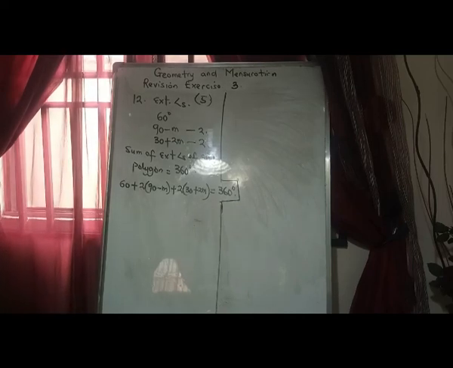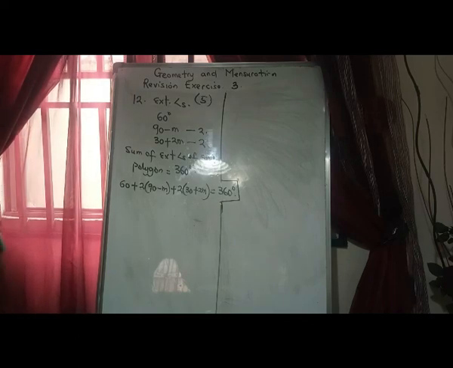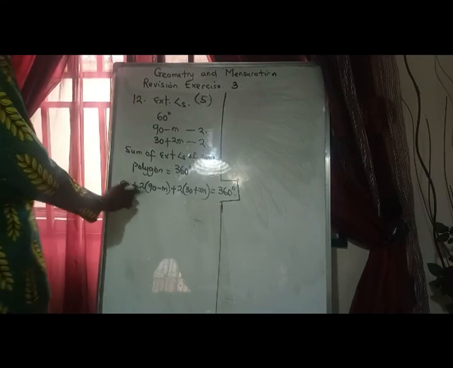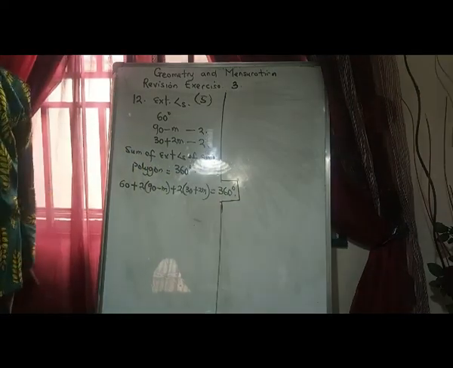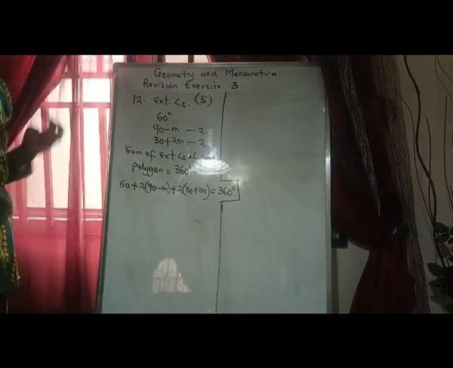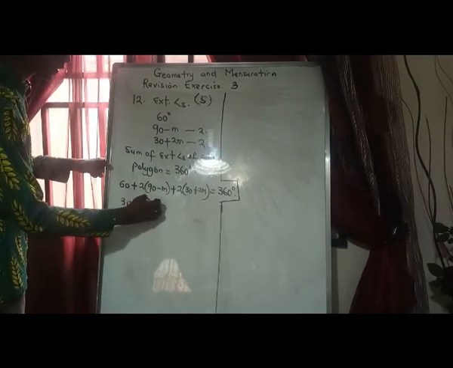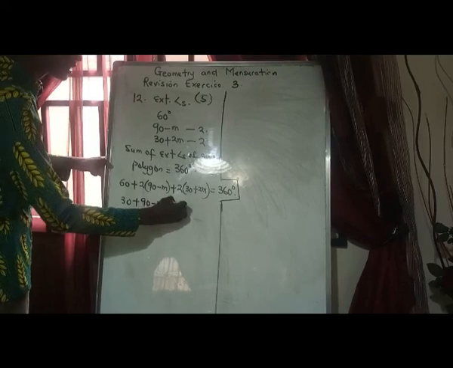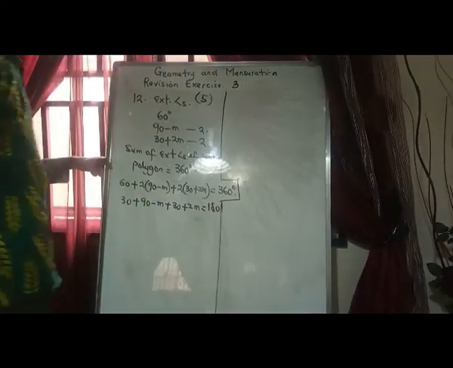Now the next thing I want to do, there are two options for me. I can use my approach. I'm saying that all these things are even, so I divide through by 2. I always do that to ensure that I reduce the figures I'm going to work with. So this will be 30 plus 90 minus m plus 30 plus 2m equal to 180 degrees.